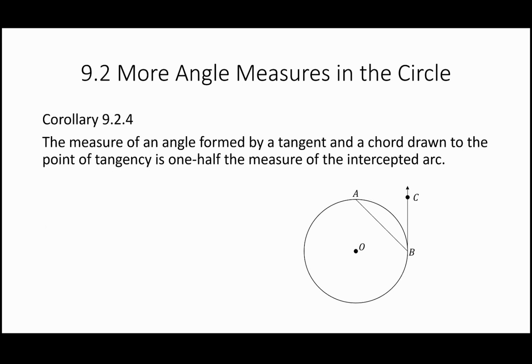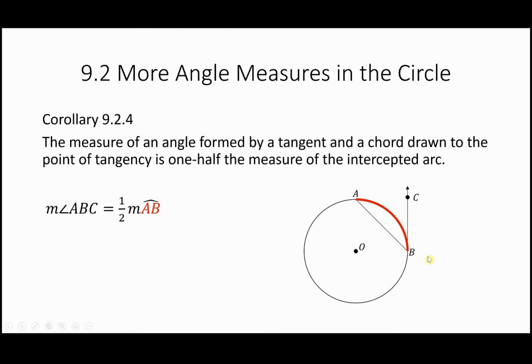Moving on. This one is going to require a formula to be presented. So let's read the scenario here, take into account the corresponding example figure, and then we'll have an idea of how to write this formula. The measure of an angle formed by a tangent and a chord drawn to the point of tangency is 1/2 the measure of the intercepted arc. So here are the elements that we need, lit up in red.